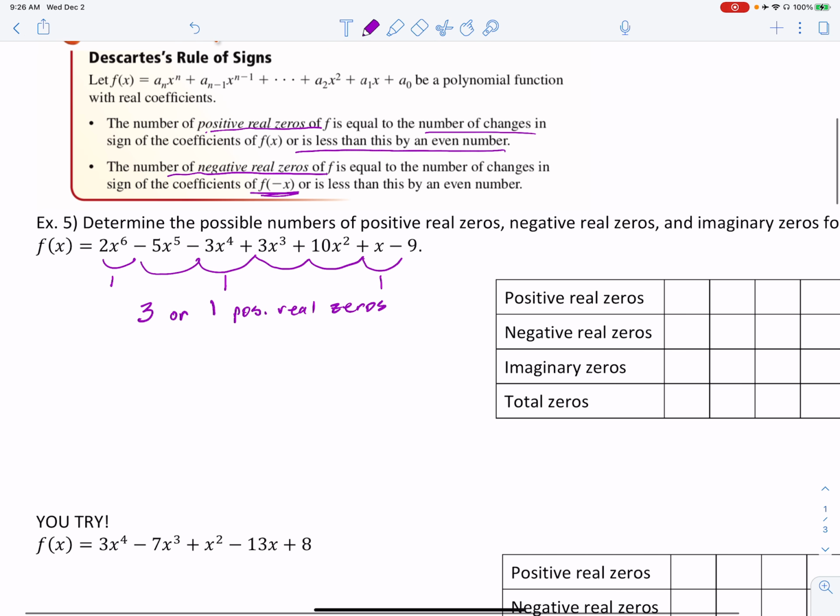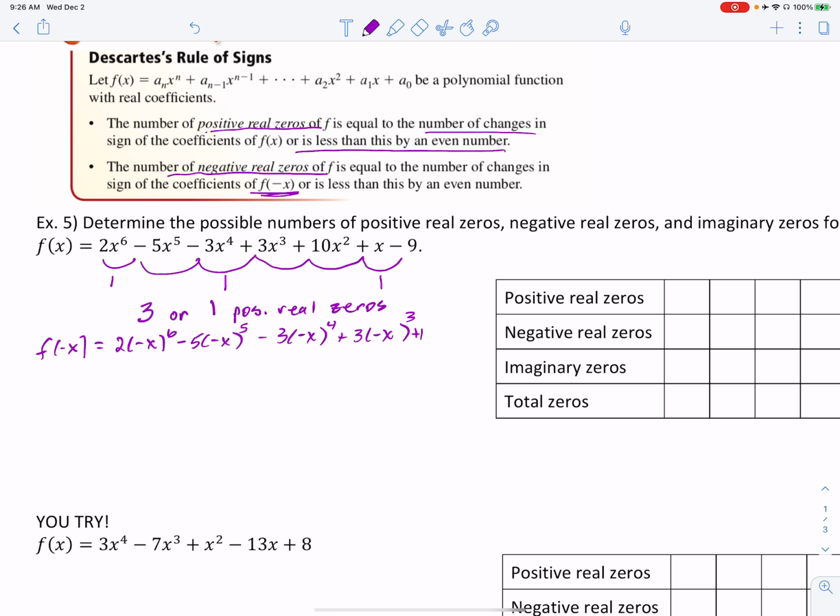So we need to take f of a negative x, putting a negative x in for all of the x's, and then simplifying those.